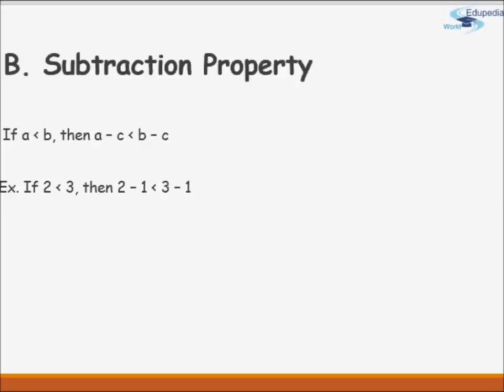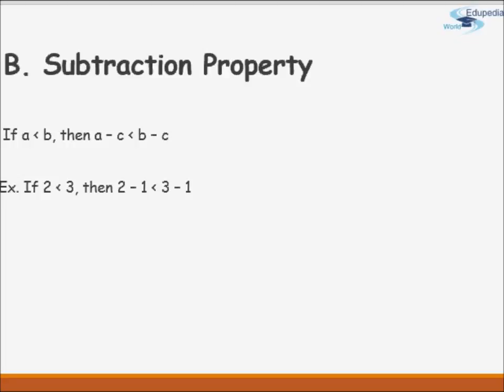The second property is the subtraction property. The subtraction property states that, just like the previous example, if you have a is less than b, and you subtract the same number from both sides, you're still going to get the same inequality. Like 2 minus 1 will still be less than 3 minus 1.